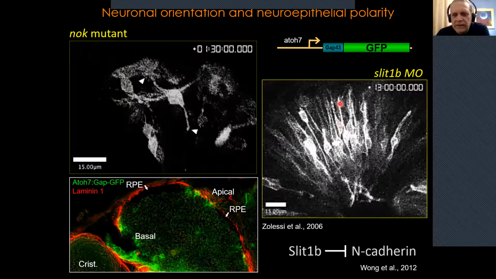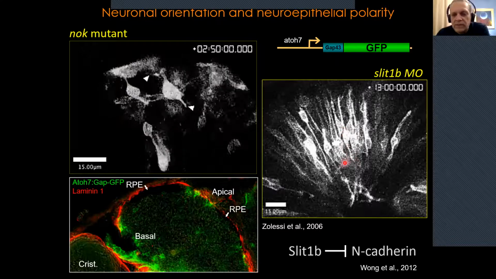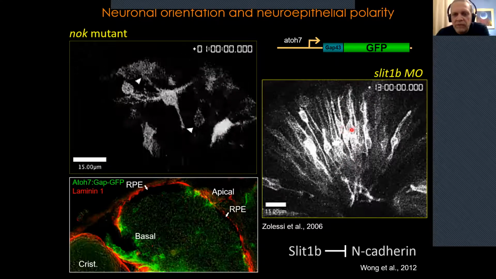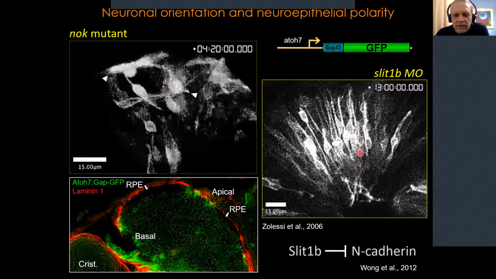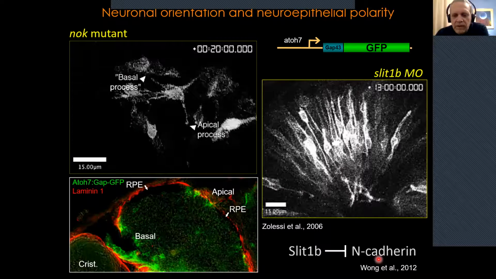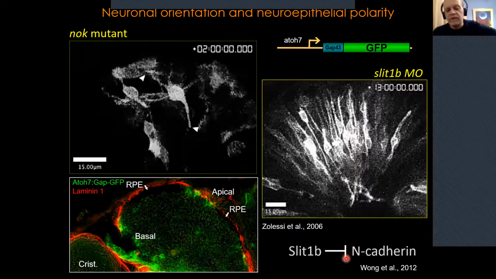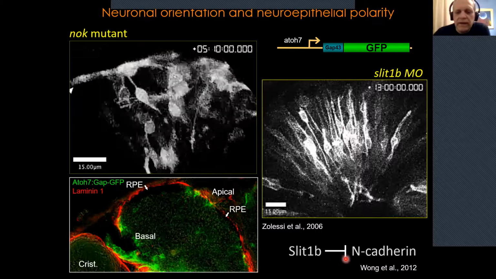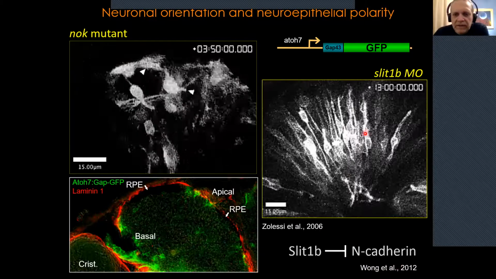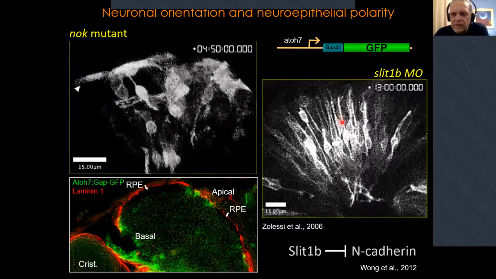Eventually they retract it, but they take very long, and even they make an axon usually before retracting the apical process. So we were perturbing this process, and later Grace Wong in the lab also followed this work and found out that the role of slit1b would be to block N-cadherin binding at the apical site, allowing for the detachment and retraction of the apical process.